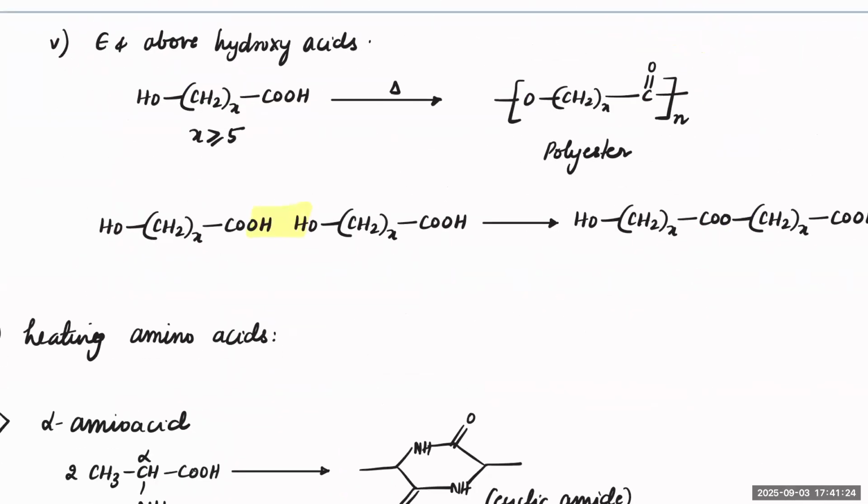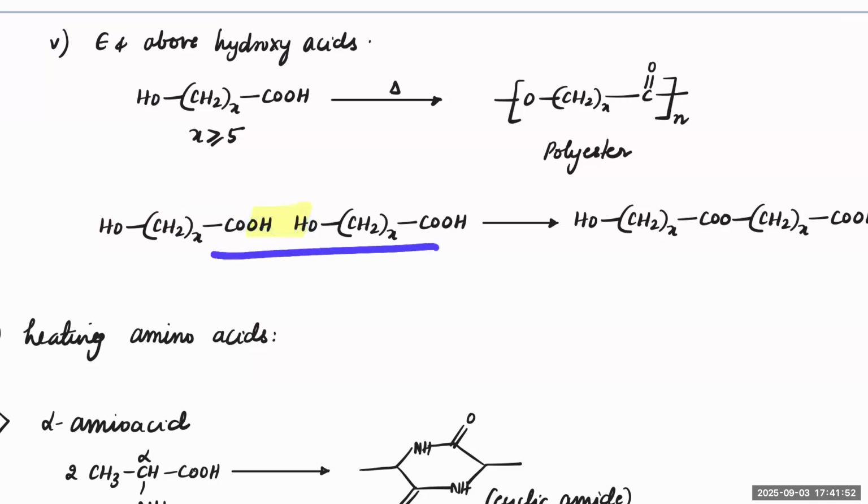Now notice this one. If you have epsilon hydroxy acid, okay, if at all it tries to make an ester, it will become a 7-membered ring, which is not a very stable form. So instead of forming a ring ester, it would start dehydrating and form a straight chain ester. This OH will react with the next molecule's COOH, and you remove water.